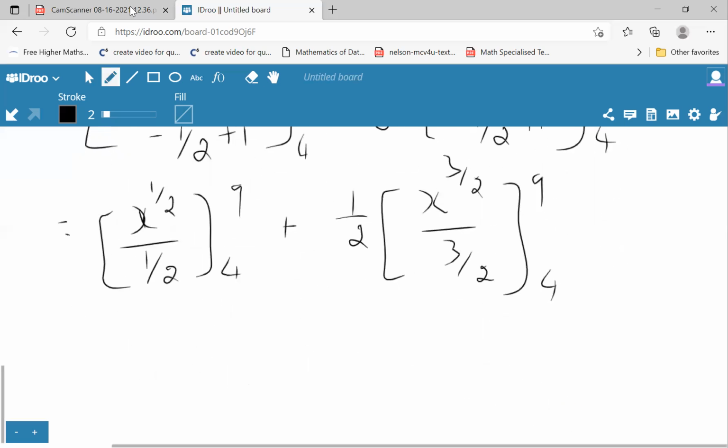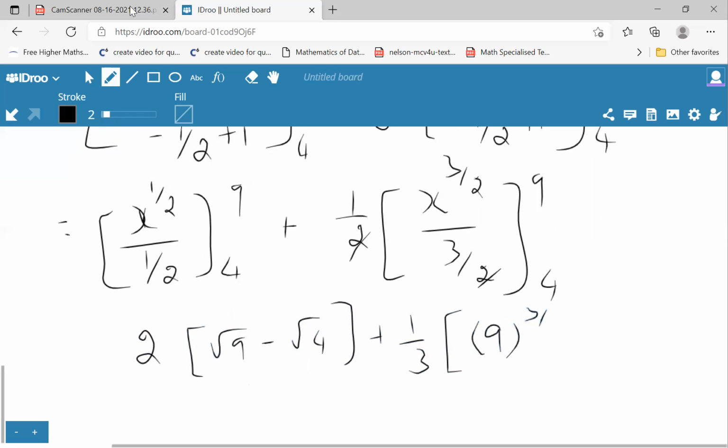So let's take this 2 up. When you reciprocate, you get 2. So 2, applying the limits, you'll get root 9 minus root 4. Plus, same way, here this 2 and 2 will get cancelled, so you'll be left with 1 by 3 into 9 to the power of 3 by 2 minus 4 to the power of 3 by 2.